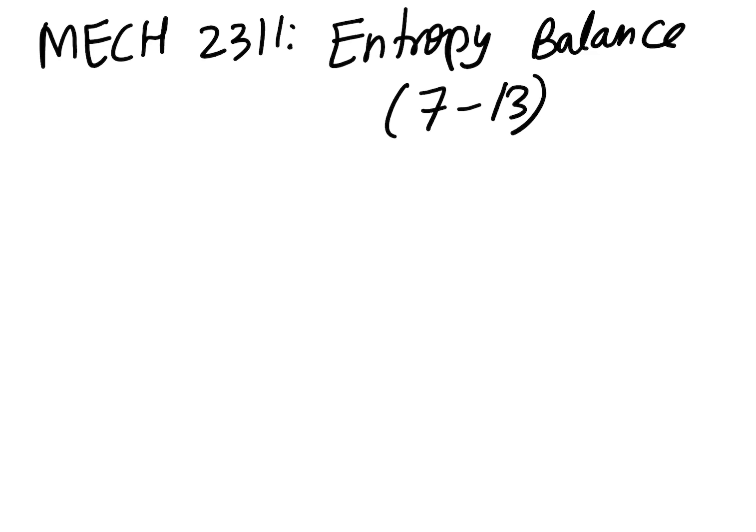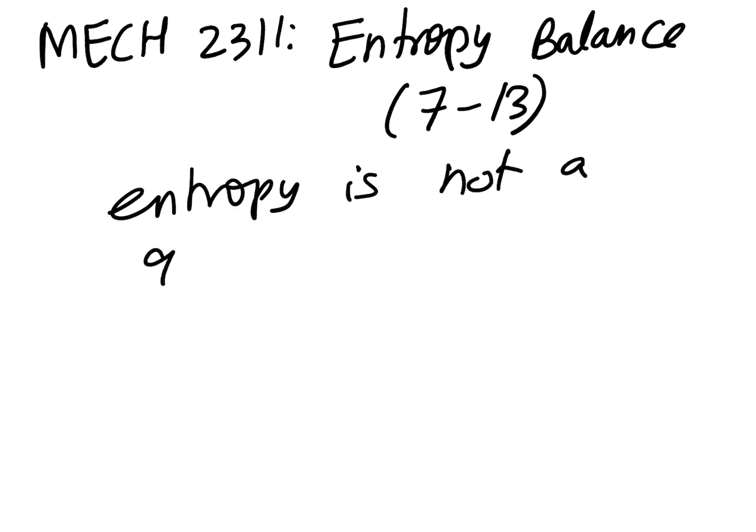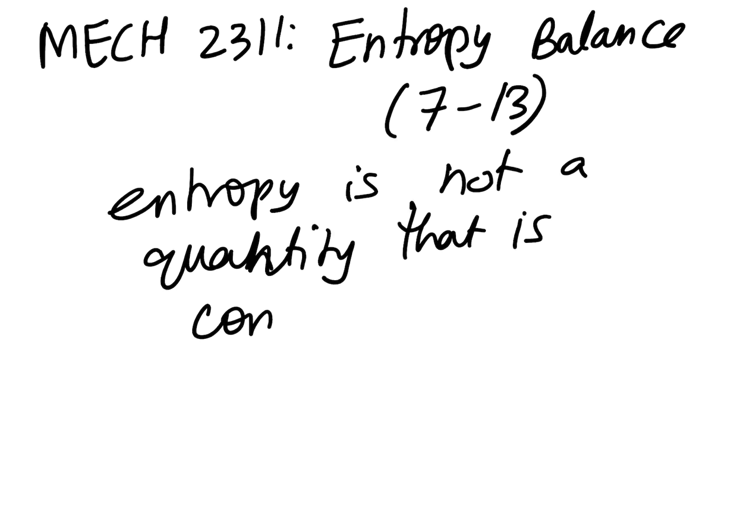The last topic in this unit is about entropy balance, just like we did energy balance, except that entropy is not a quantity that is conserved. What do I mean by that?